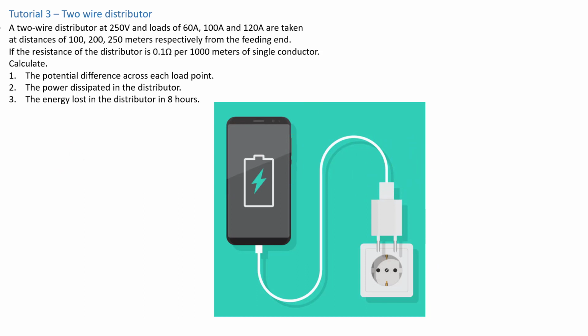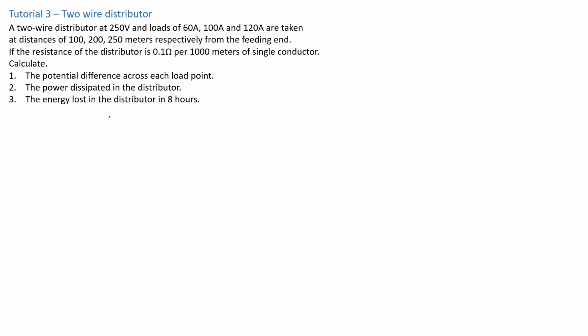So what do we have here? We have a 2-wire distributor at 250 volts, and loads of 60 amp, 100 amp and 120 amp are taken at distances of 100, 200 and 250 meters respectively from the feeding end. Right?